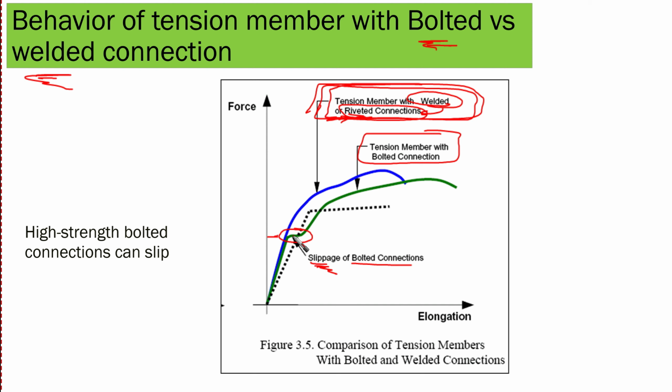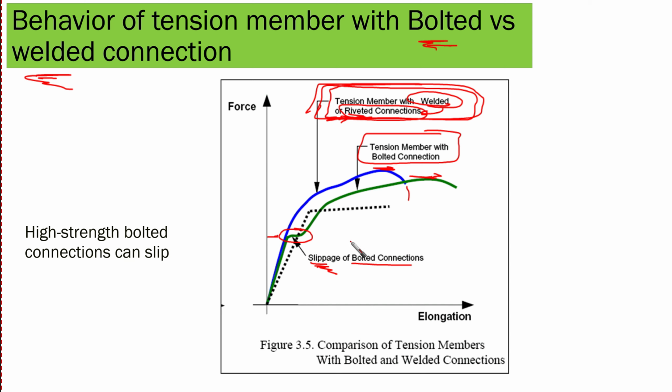This shifts the curve to the right, and you find that it has less strength. Maybe the ductility is higher, but this ductility is in the excessive deformation part, so it is not useful for us in general.